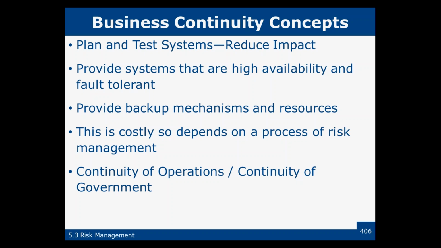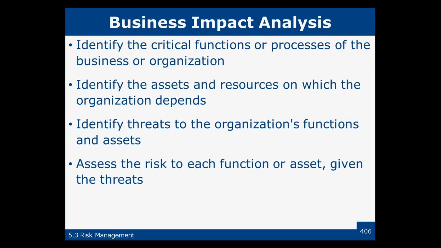So it depends on the process of risk management. We've got to prioritize what we're going to do. We have continuity of operations and continuity of government as the objectives that we want to fulfill with these things. Continuity of business is keeping the business running in the face of a disaster.